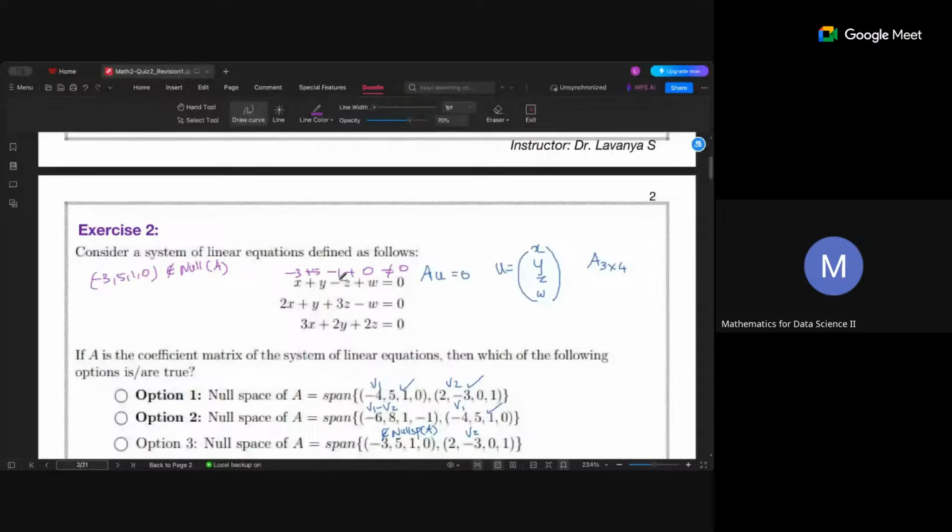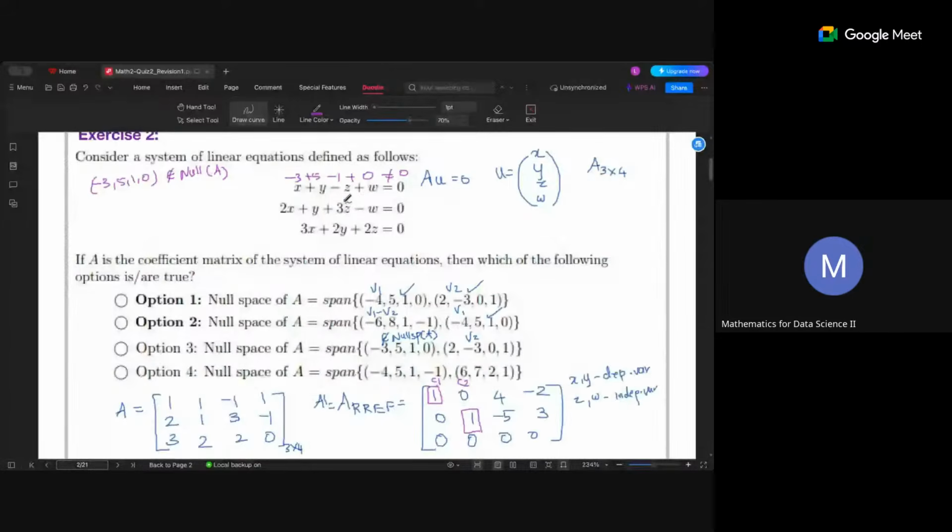What do you think about the last two options? Can you quickly verify and tell me whether they belong to the null space or not? Ma'am, if it satisfies all the three equations, then both vectors are there in the null space. Yes, it is there in the null space. And if one of the vectors does not satisfy out of two vectors, then it is not.